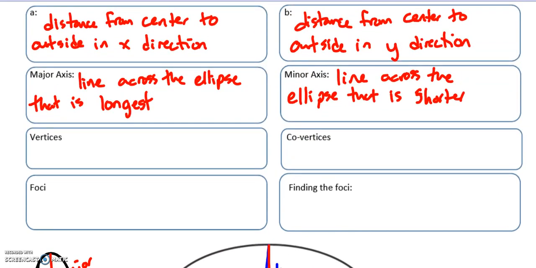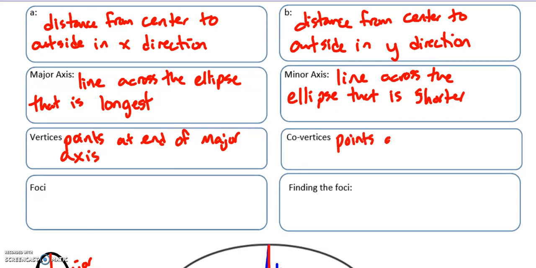We have vertices and co-vertices. Vertices are the points at the end of the major axis. The co-vertices are the points at the end of the minor axis.